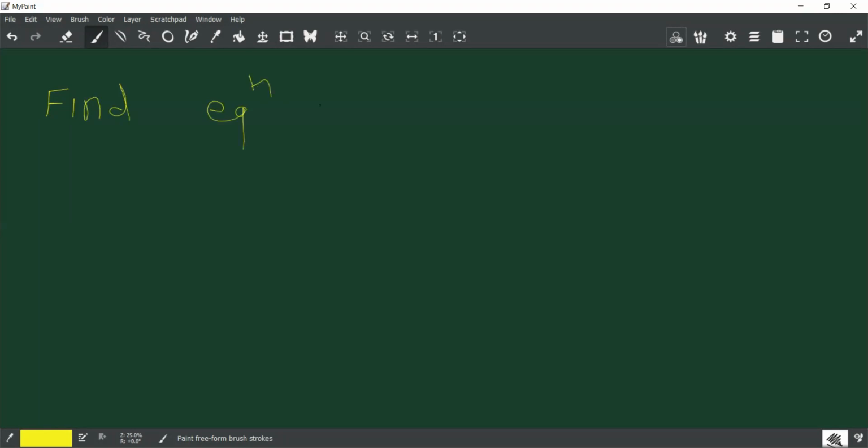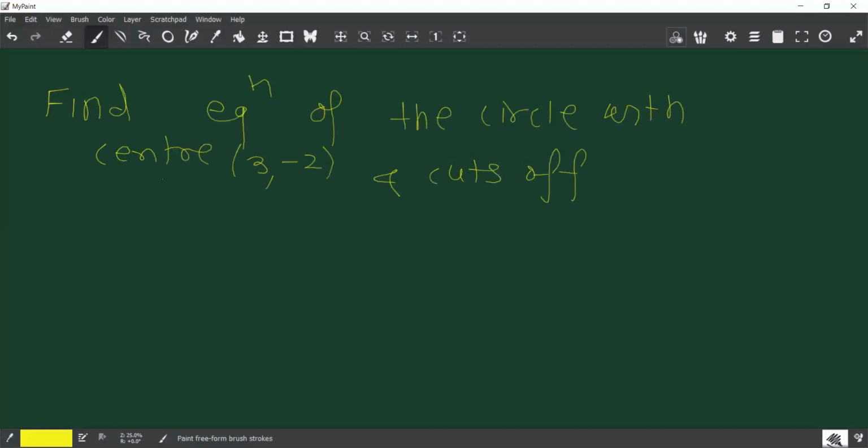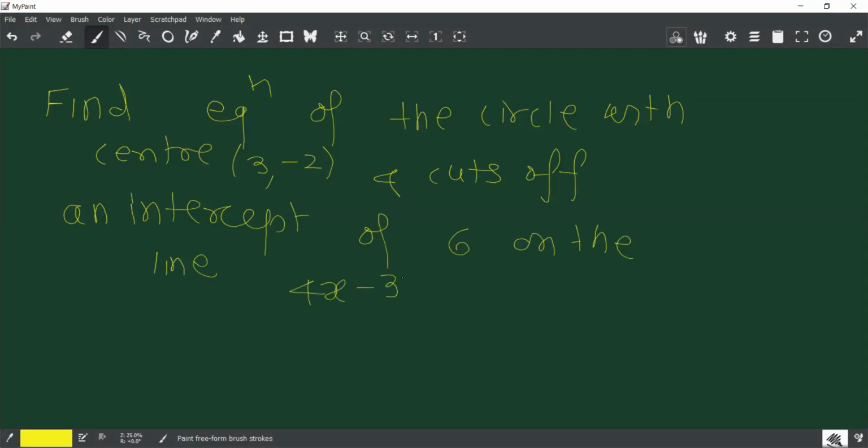Equation of the circle with center है (3, -2) and cuts off... (4x - 3y + 2 is equal to 0).